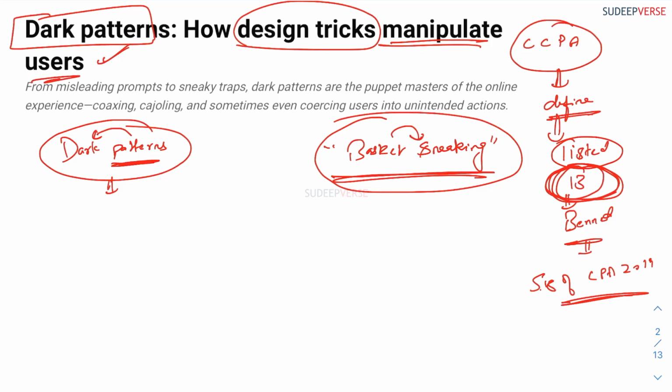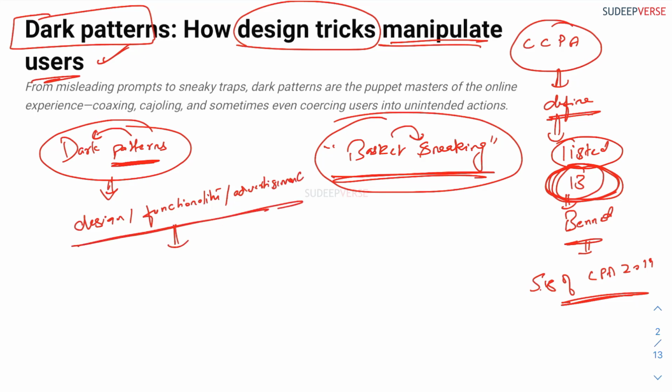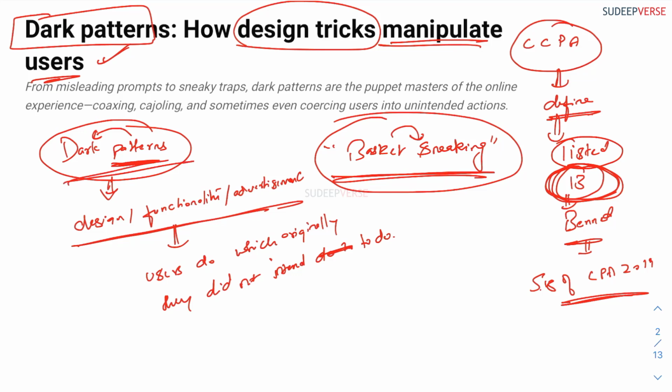In other words, the design, the functionality or the advertisement that is being made in the website is something that makes the users do what they originally did not intend to do.